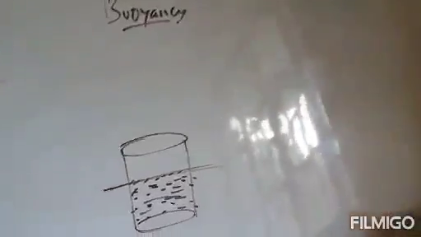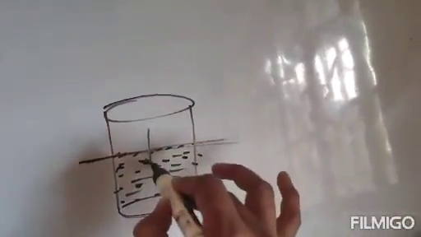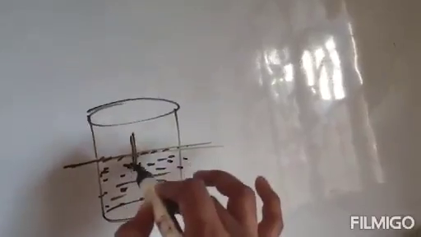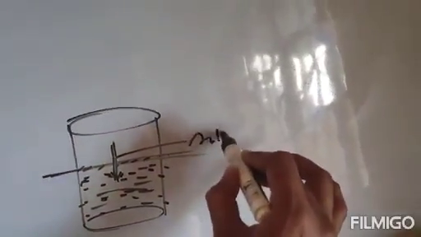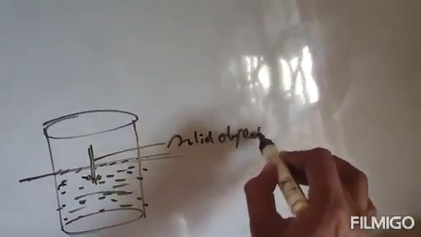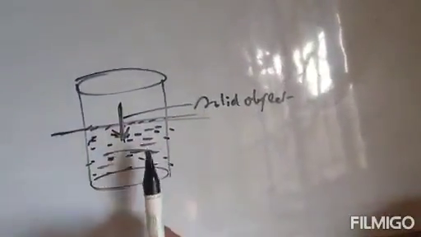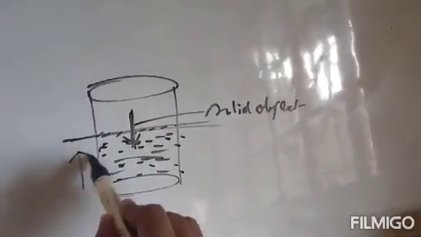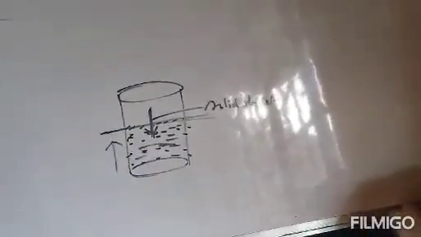Now whenever you are immersing any object, suppose you are immersing a solid object. Suppose this is a solid object. Whenever you want to immerse a solid object in this fluid, the fluid gives an upward force.